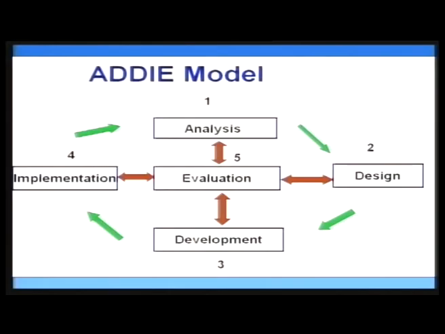The most important point of the ADDIE model is that it is not linear, where you have to analyze, then design, develop, implement, and evaluate. It can be circular. A teacher can begin from the design phase also. That is the important aspect of the ADDIE model, and that's why educators especially use it.